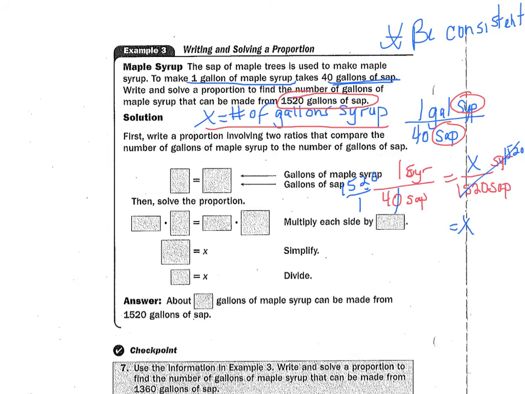I can knock off the zeros. So 4 into 15 goes 3. And then 4 into 32 goes 8. So it terminates right there. So my answer is 38 gallons of syrup are made.